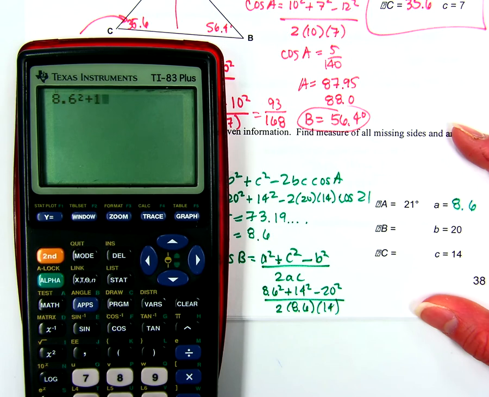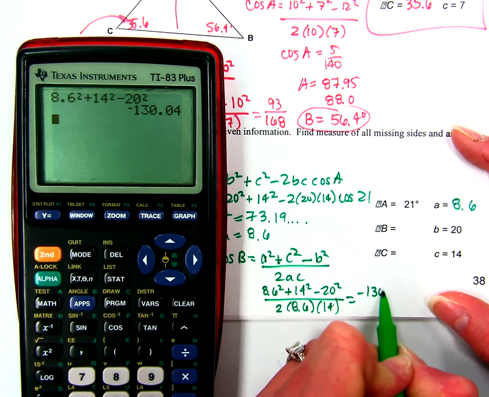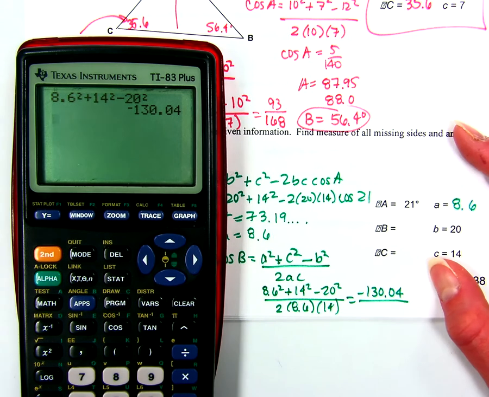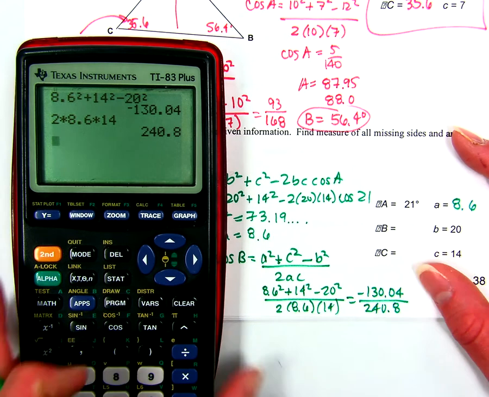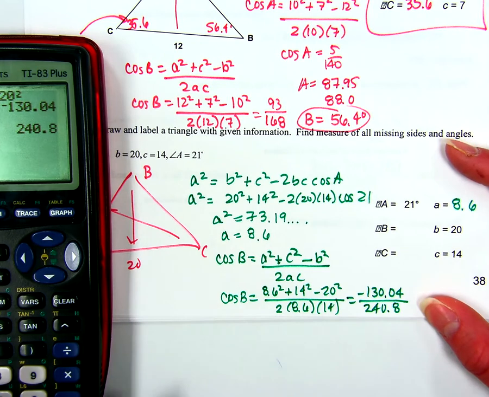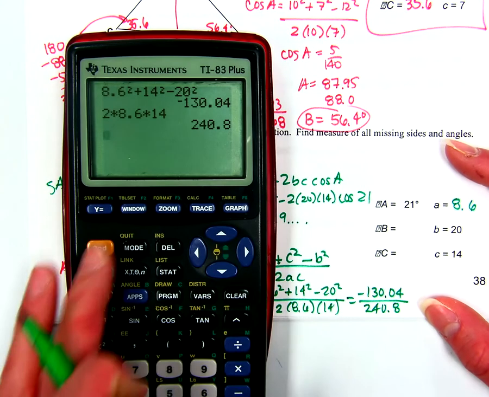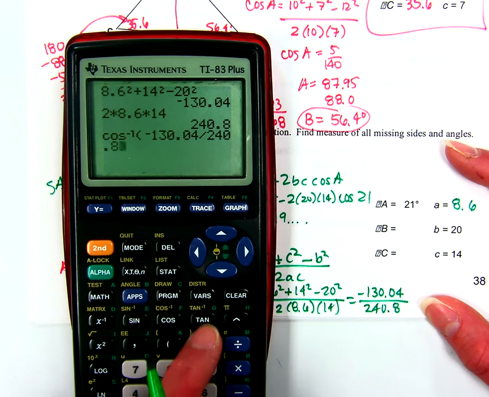Now I'm going to get out my calculator. 8.6 squared plus 14 squared minus 20 squared gives me negative 130.04. 2 times 8.6 times 14 gives me 240.8. Now that's not angle B, that's cosine of B. So remember, if you're finding an angle, you want to do inverse cosine of negative 130.04 divided by 240.8.